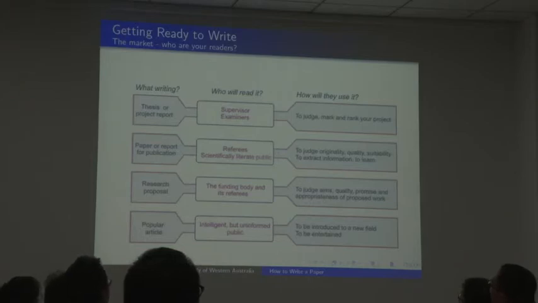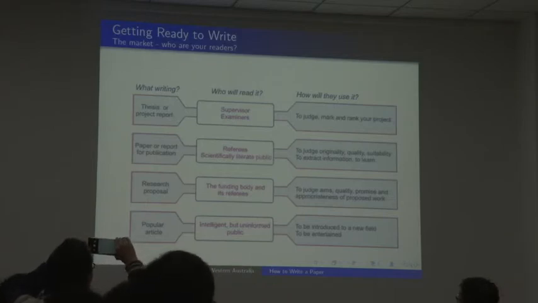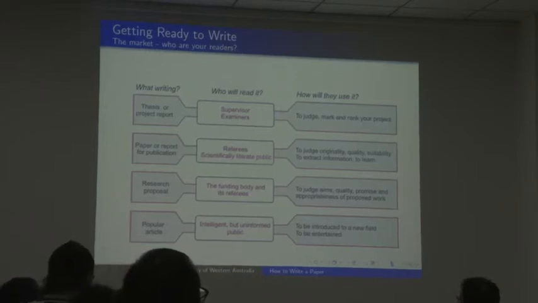If you are writing a paper for publication, you are writing to the scientific community, to other academics in other universities or research institutions. And how are they going to use it? They are going to judge on originality. Is it something new that you are saying?